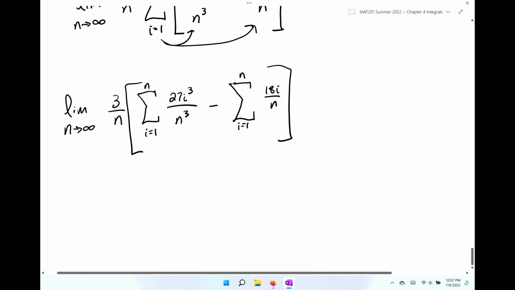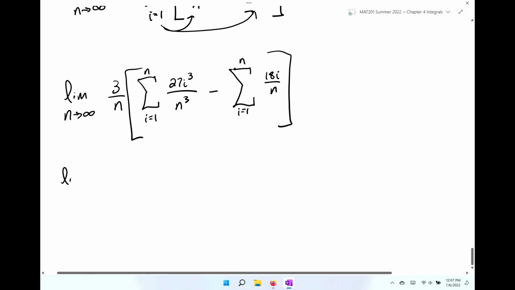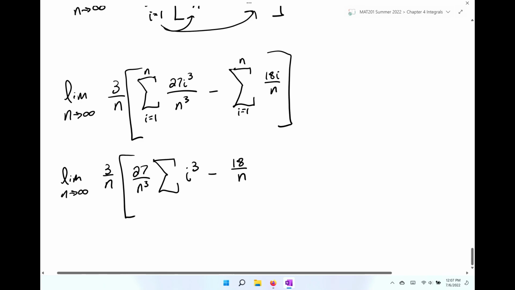And then I'm going to take any constant and letter n together, and I'm going to pull it out front of each one of these summation symbols. So I get 27 over n to the third times the summation of i to the third minus 18 over n times the summation from i equals 1 to n of i.